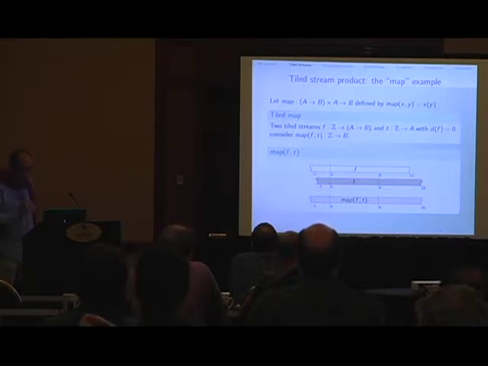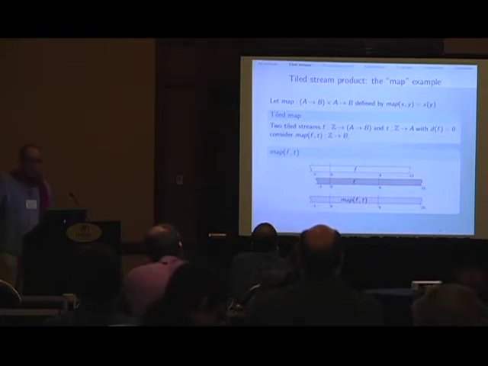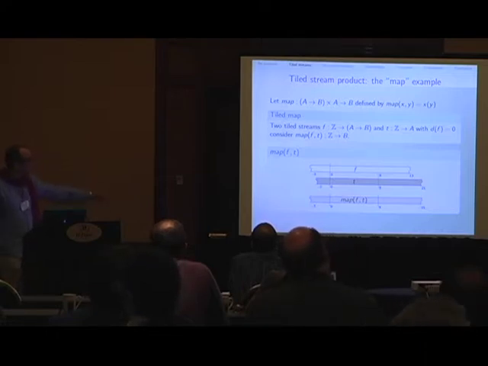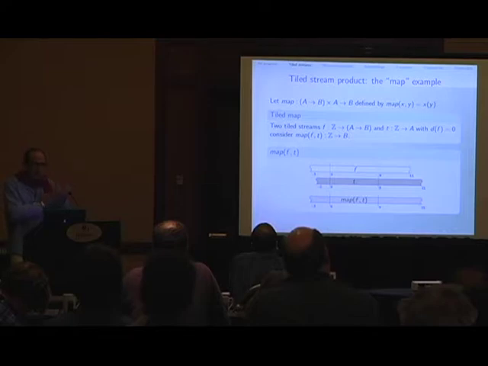Okay, an example. I assume that I have a function map that takes a function from A to B and an argument from A and produces an element from B. Then I can have a tiled signal of function values, a tiled signal of arguments, and I can apply with such an operation all values of the F streams on all values of the T streams. And here there is something a little new: the synchronization length of F is just 0.